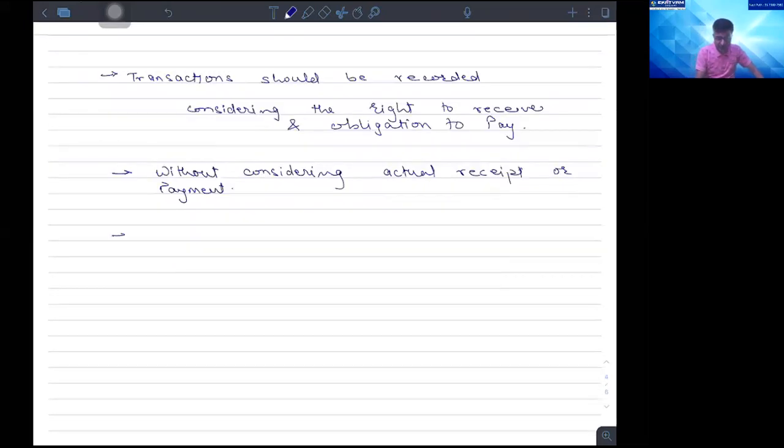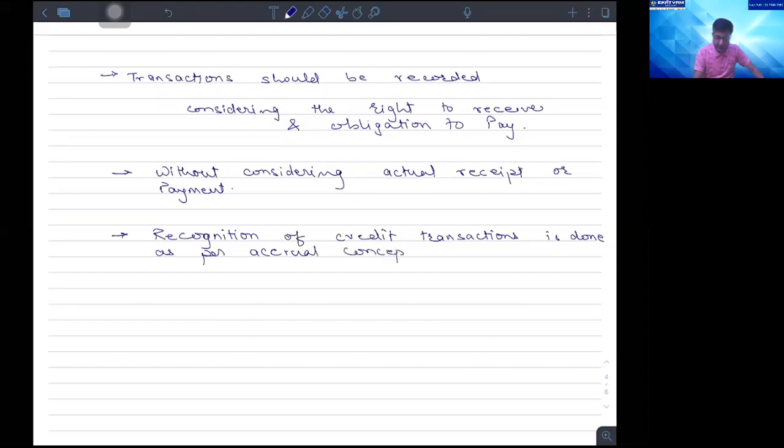So recognition of credit transactions is done as per accrual concept.